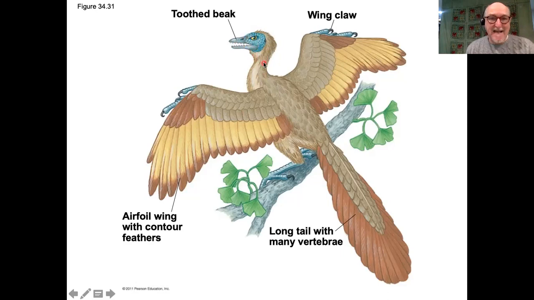The face was scaled, for example, as well as the legs were scaled in the primitive ones. The next difference is they had a long tail with many, many vertebrae. In the modern birds, all of these vertebrae are consolidated into a little collection of bone at the end of the spine here. They don't have the long tail like this.